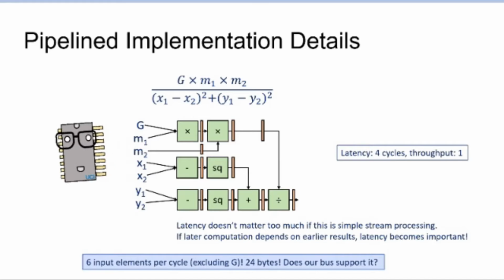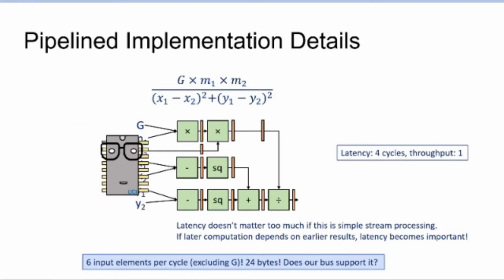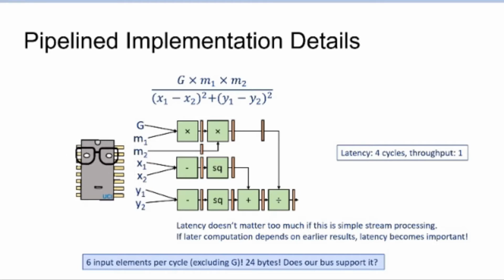And this might be fine. 24 bytes is a bit less than 256 bits, which is typically okay if this data path exists entirely in silicon inside the FPGA.